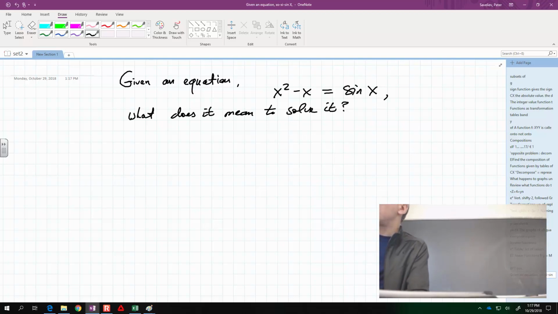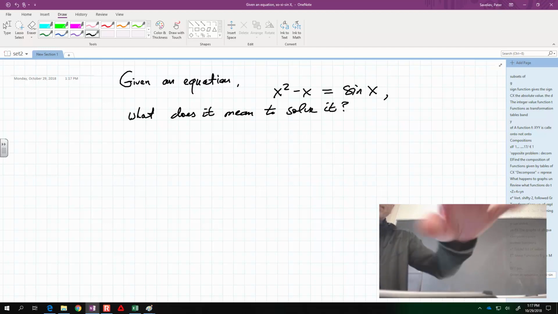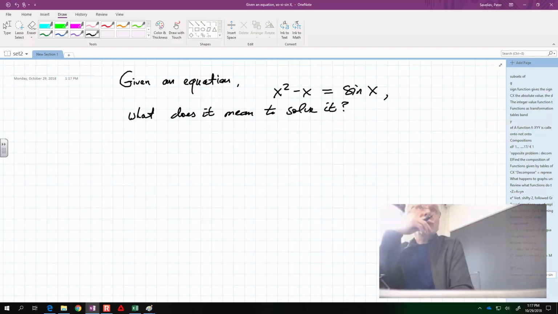You remember what it means? What does it mean to solve an equation? Not how, but what is it that you have in the end that lets you know that you are good.